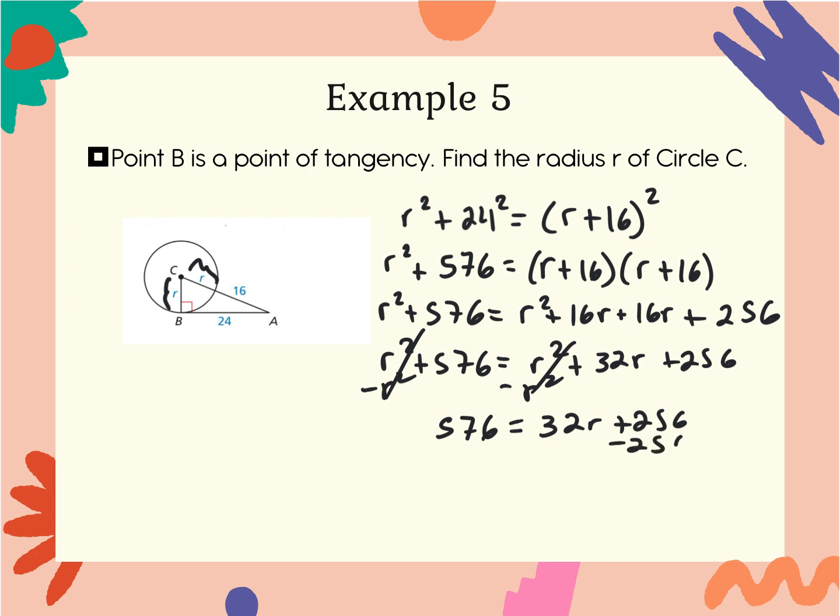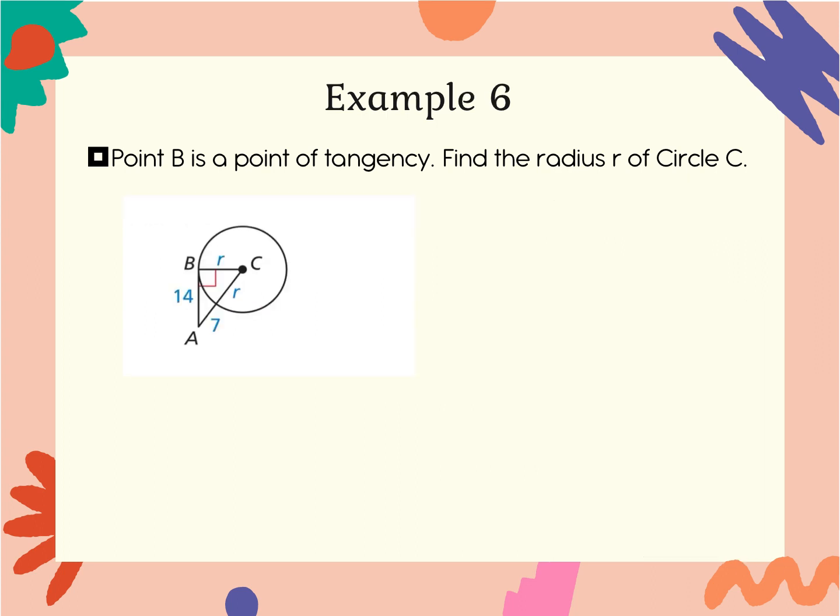I'm going to subtract 256 from both sides. So 576 minus 256 is going to equal 320. So 320 equals 32r. I'm going to divide by 32 on both sides. And then that's going to leave me with r equaling 10. So our radius is 10.